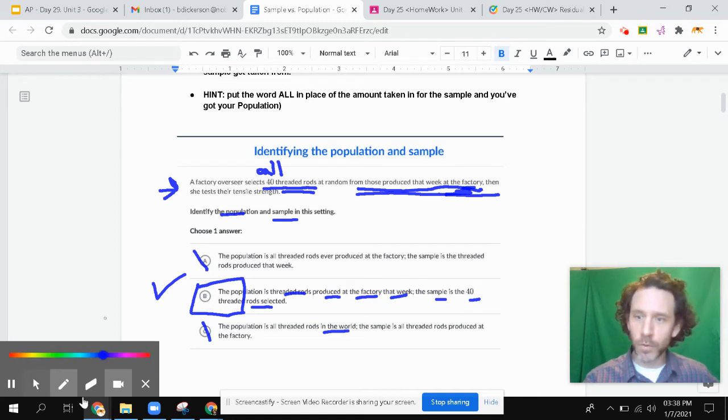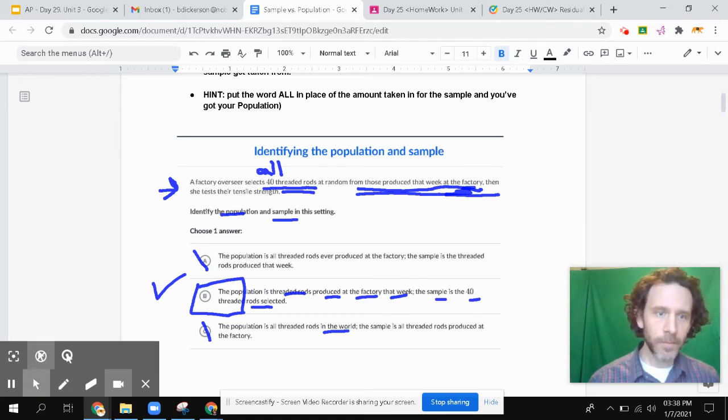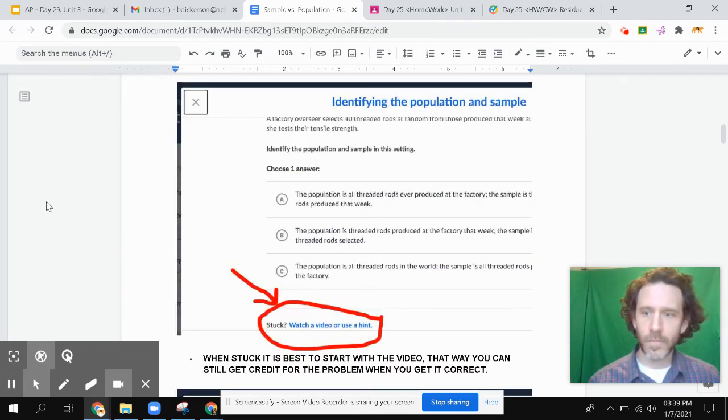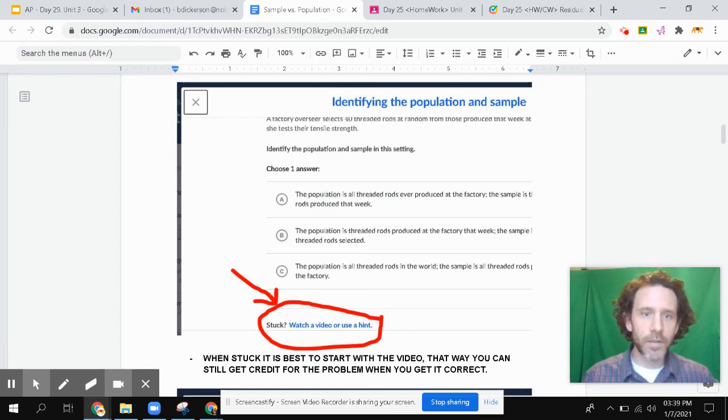All right, when you go through these Khan Academy assignments, make sure that you're using the videos to help you. Okay, so let me see if I can scroll down here. If this is a problem that you're stuck on and you haven't looked at the video, they usually have the link here to tell you to watch a video.